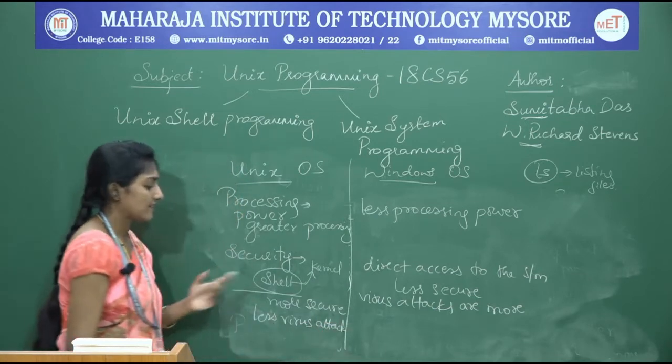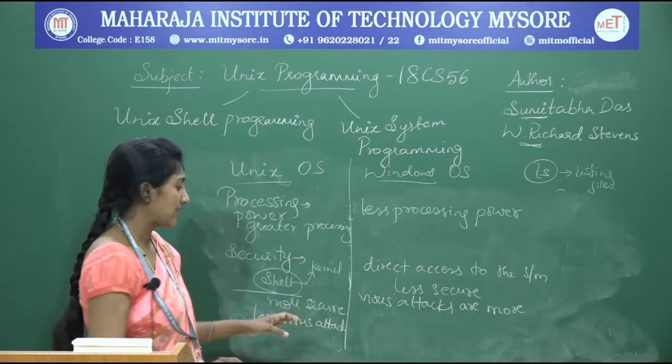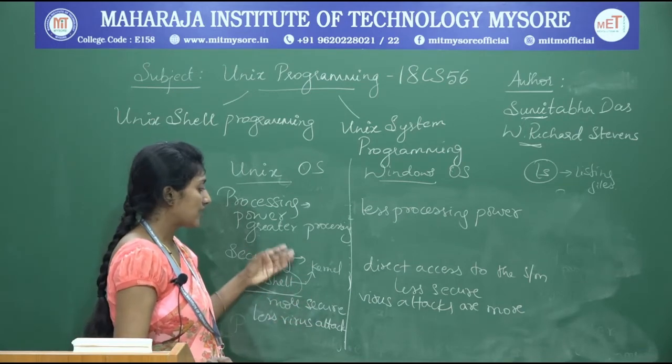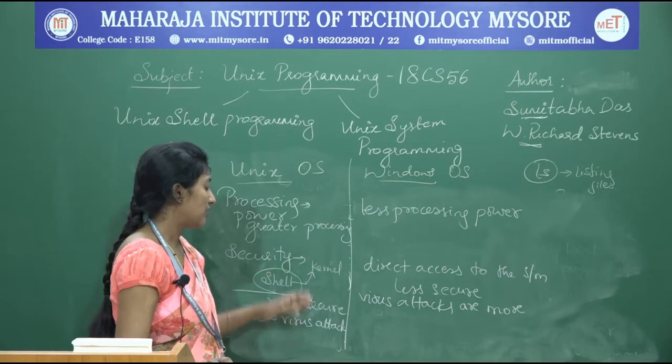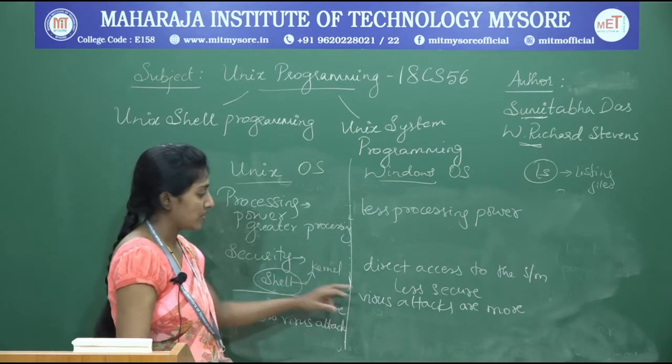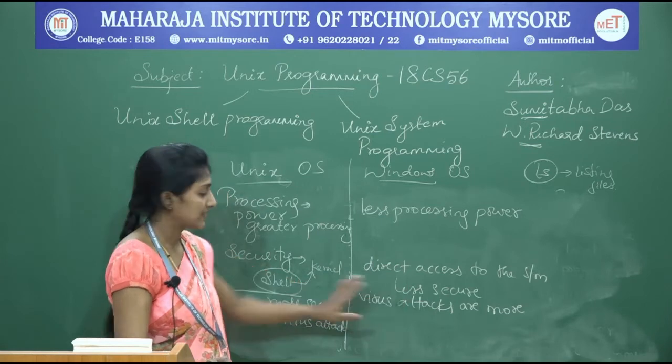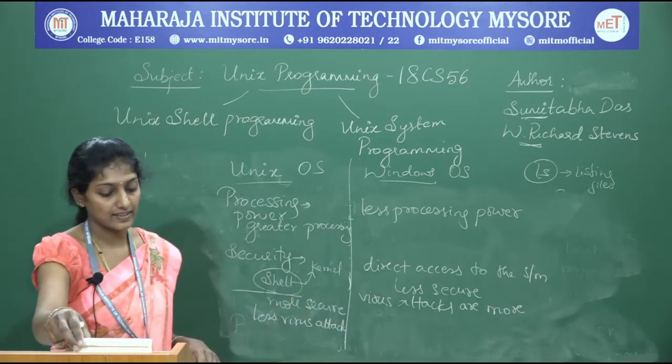Or you can even say we do not have a virus attack because we do not have a direct access to the system. Here, through the shell itself you have to interact with the system, whereas there we have direct access. So it is more prone to virus attacks, and here it is less prone to virus attacks.